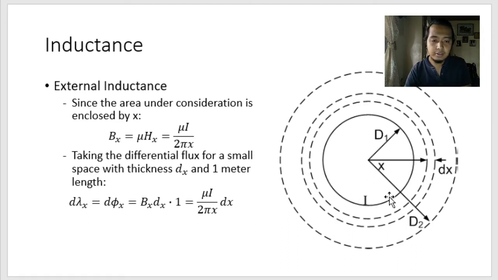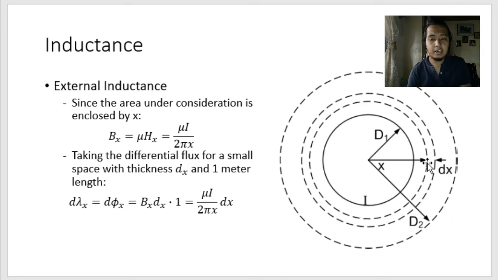Let's define an arbitrary point x again, the same way na ginawa natin sa internal inductance. But this time yung x natin is outside. That point x is outside this conductor. So now it's located here. You still have this path of integration here. This is the path of integration of your conductor.